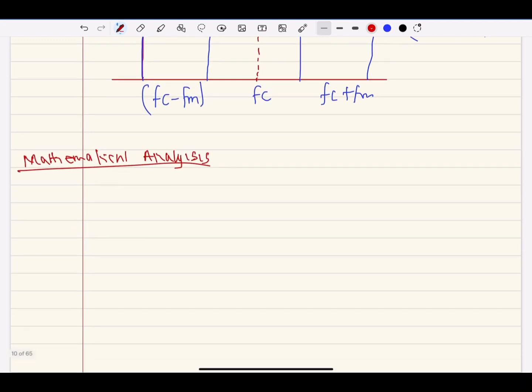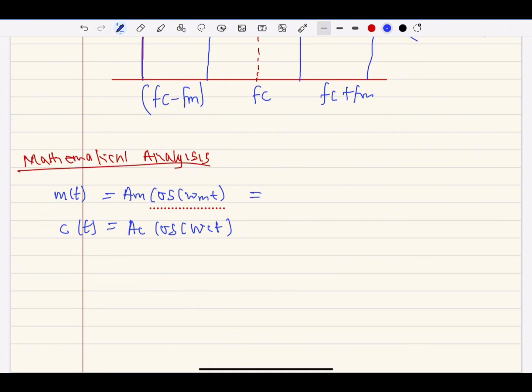Let's consider the same expressions. My message signal that I need is Am cos omega mt. My carrier signal is Ac cos omega ct. Or you can change it to any other variable.